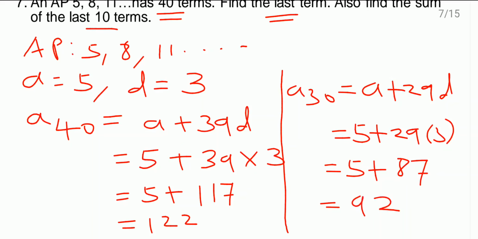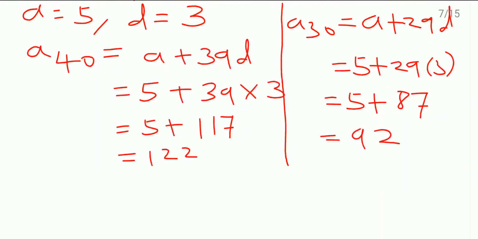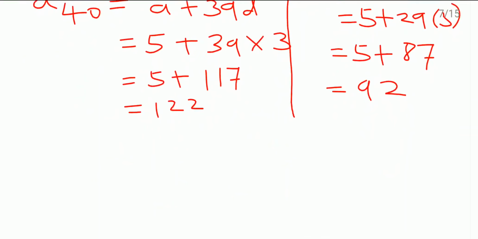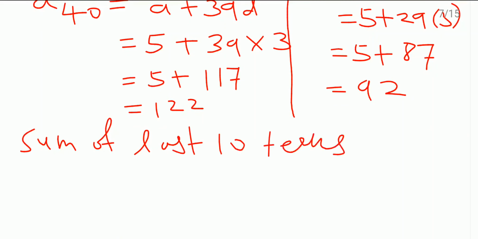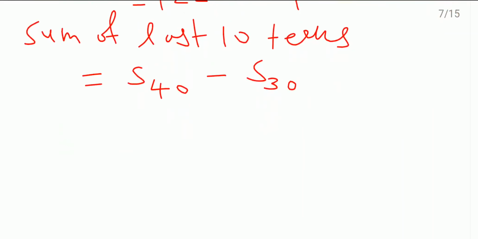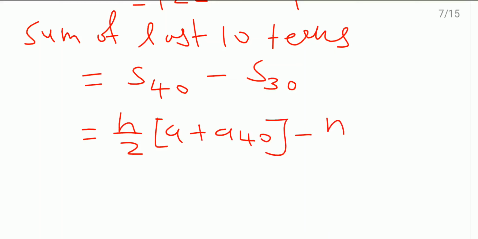Correct. So now I'll find out the sum of the last 10 terms. Here I'll write down sum of last 10 terms which is equal to sum of first 40 terms minus sum of the first 30 terms. This formula. So here n by 2 in the bracket first term plus the 40th term minus n by 2 in the bracket first term plus the 30th term.